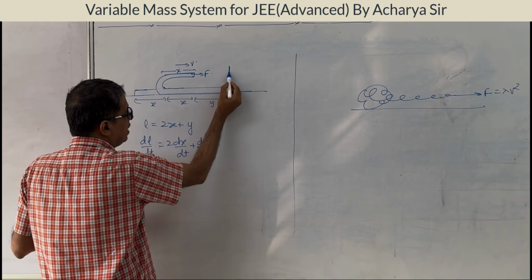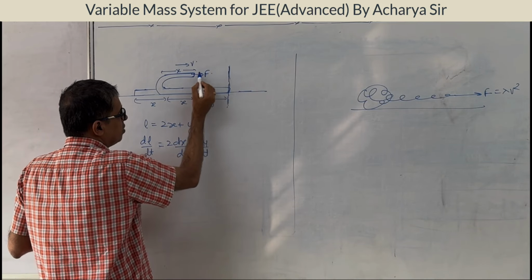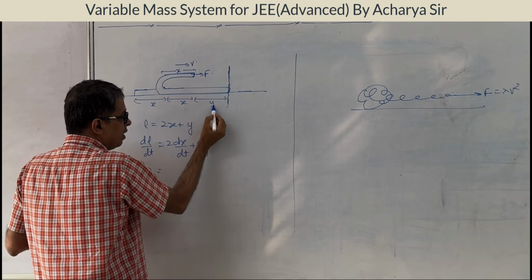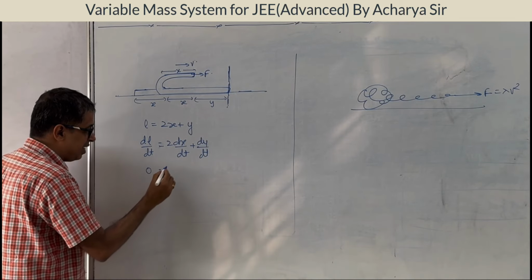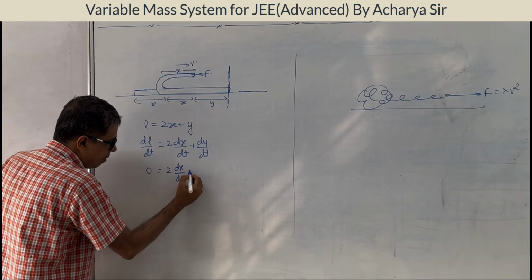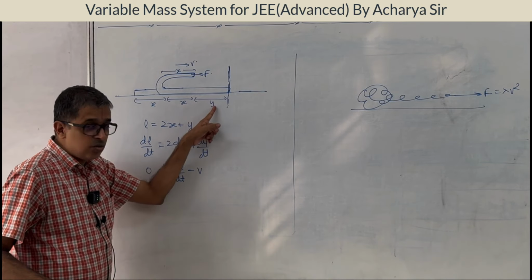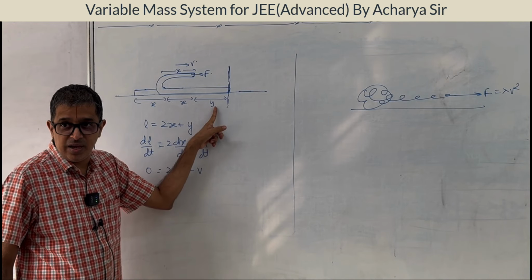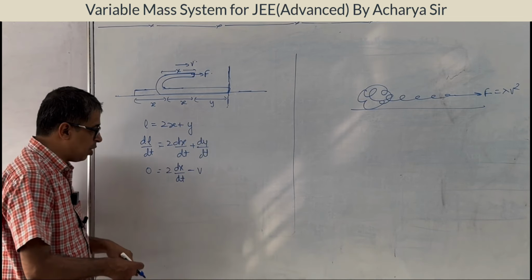dy by dt, this end is fixed. Carpet is approaching this end with a speed v. Technically, dy by dt is minus v, so dx by dt minus v. Y is decreasing at the rate of v. dx by dt is not v.